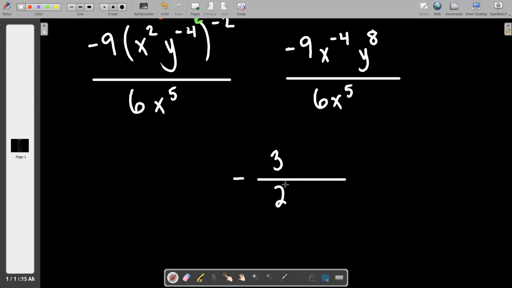And now it's time to use our skills. For the x's, I need to clean them up because there's some on top and some on bottom. And what is top exponent minus bottom?